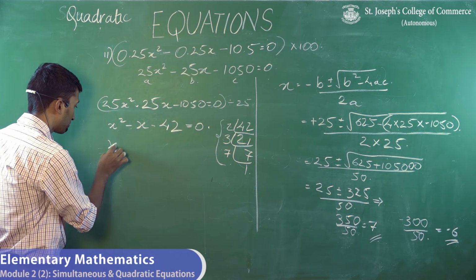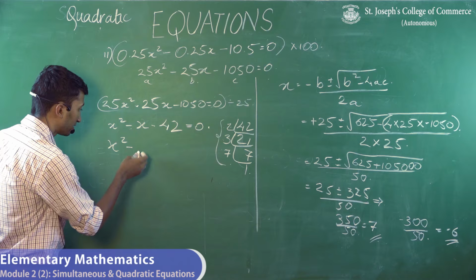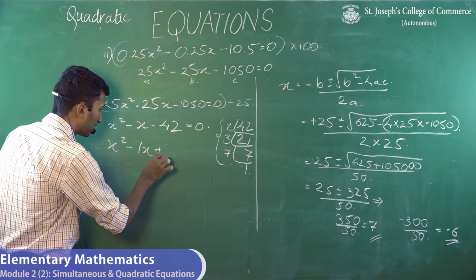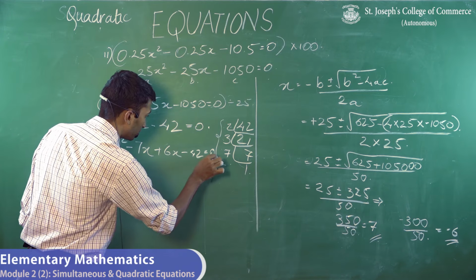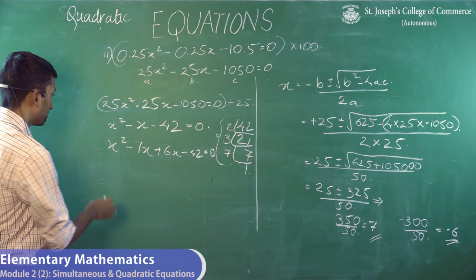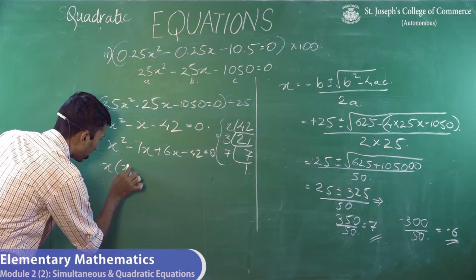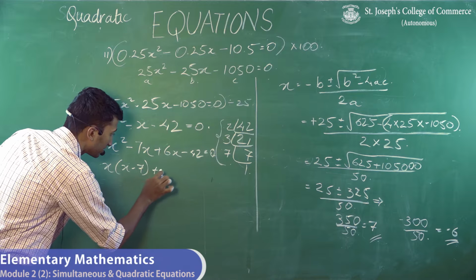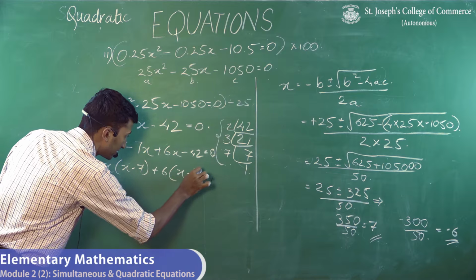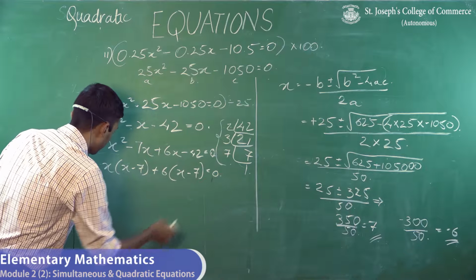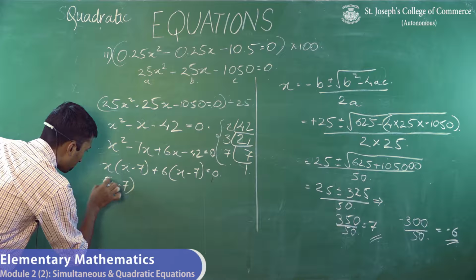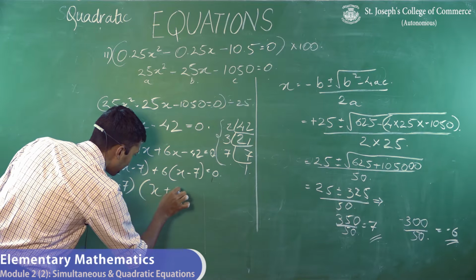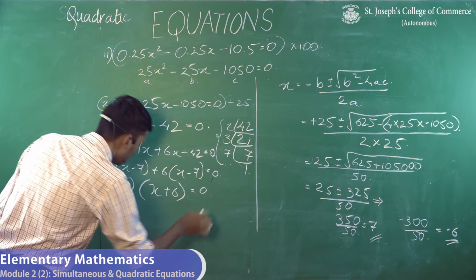So I can just solve it with minus 7x plus 6x minus 42 is equal to 0. Over here, take x common. So x minus 7 plus 6 into x minus 7 will give me 0. Taking x minus 7 out common, I would get x plus 6 is equal to 0.